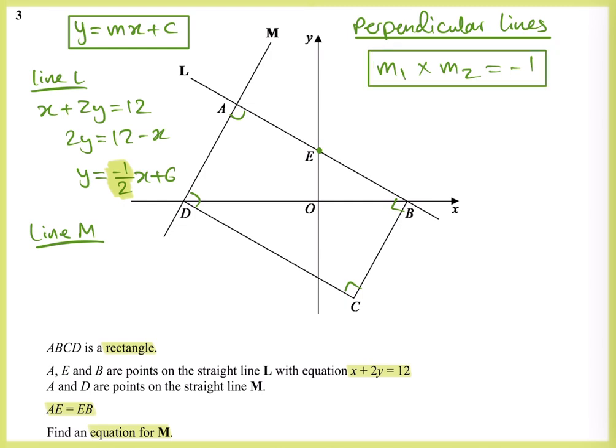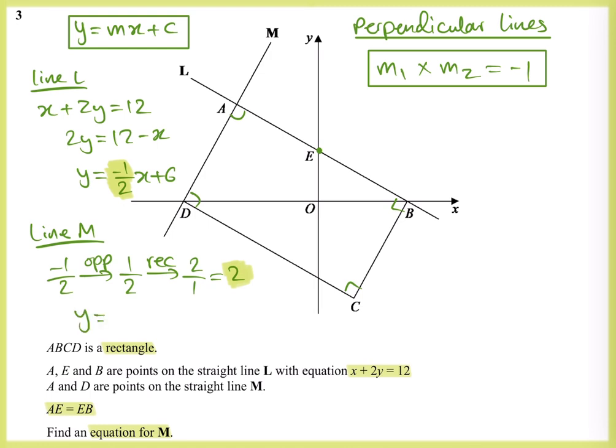We can either divide negative 1 by the gradient of line L to find the gradient of the second line, line M, or we can just do the opposite of negative a half. We get rid of the sign, which gives a half, and then the reciprocal flips it, so 2 over 1, which is 2. So this is the gradient of line M.